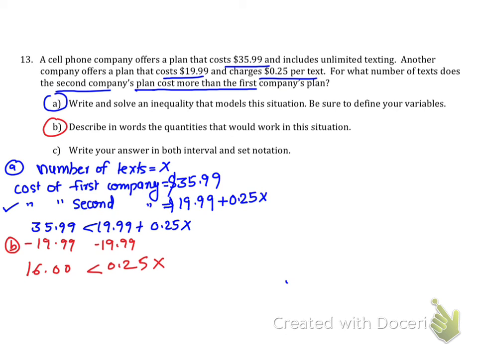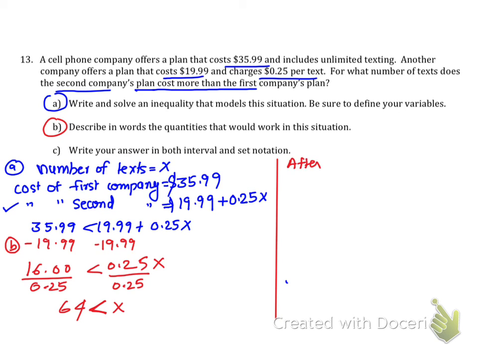Then we need to divide both sides by 0.25. When we divide by 0.25, because it's a positive number, we don't have to reverse anything here, and when you do it, your answer is going to be 64. So after 64, when there are more than 64 messages, I would continue here in this part.